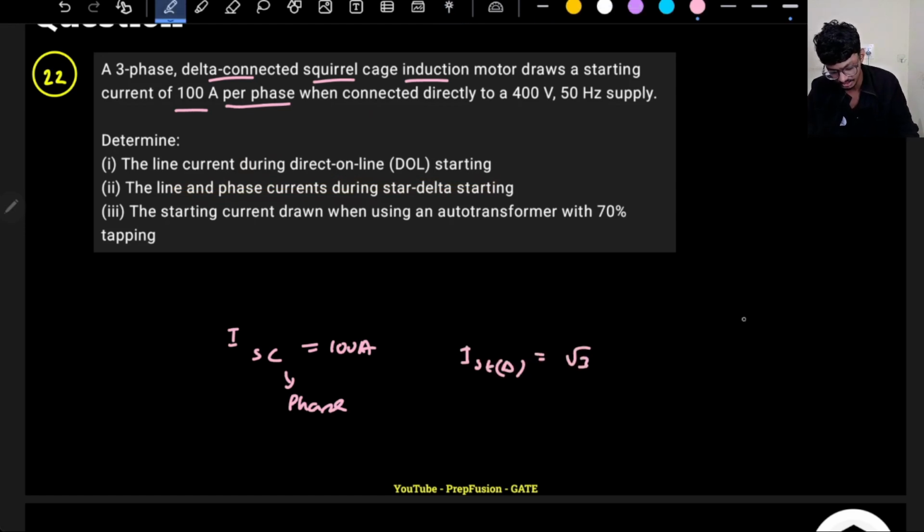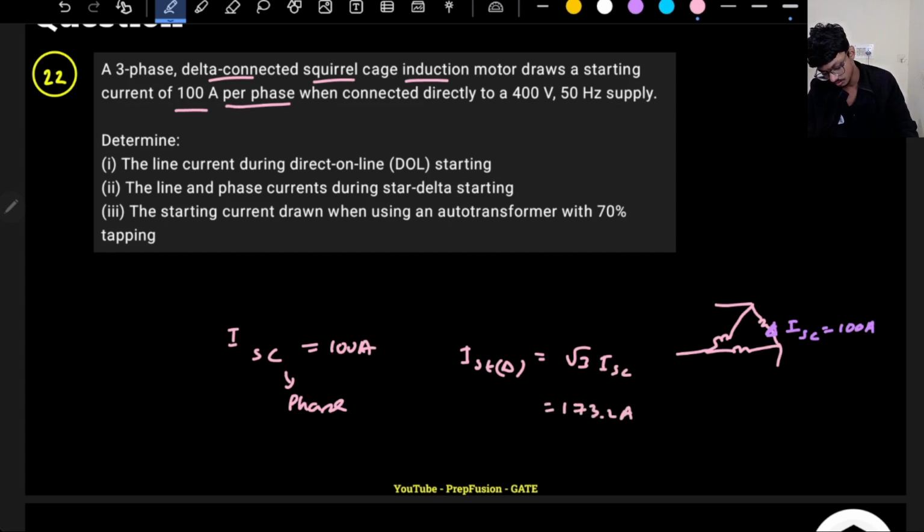Root 3 times the phase current, because this is my delta connection and they have provided me the result for this connection, right? The phase current is here 100 amperes. So the line current will be root 3 times the ISC, that is 173.2 amperes. So this will be the first part, the line current.